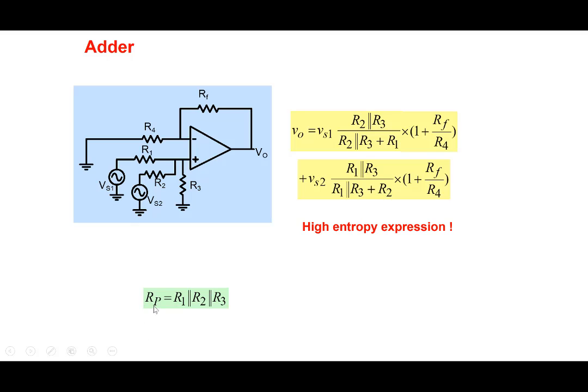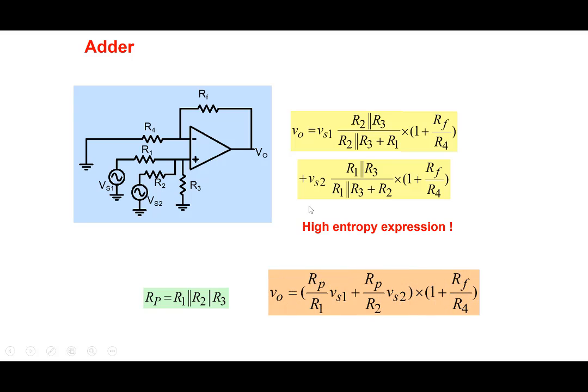And we can define a resistance Rp as R1 parallel R2 parallel R3, and you can verify that you can write V0 now as Rp by R1 Vs1 plus Rp by R2 Vs2, multiplied by 1 plus Rf by R4. So a much simpler expression, with Rp defined as the parallel combination of R1, R2 and R3. It's a low entropy, more orderly expression as compared to the previous one.